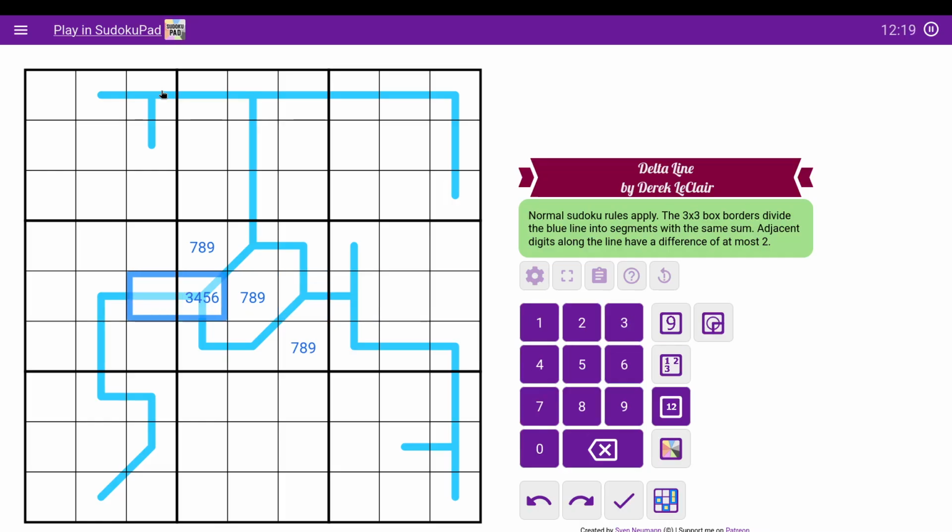It does feel like this is the most constrained point on the grid. We have a digit that must be low next to a digit that must be high with a difference of at most 2. But we found that 3, 5 was perfectly serviceable.